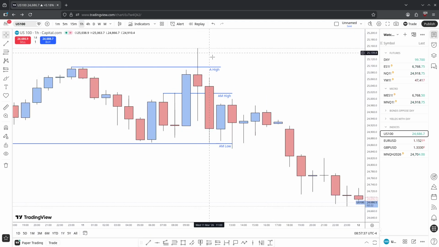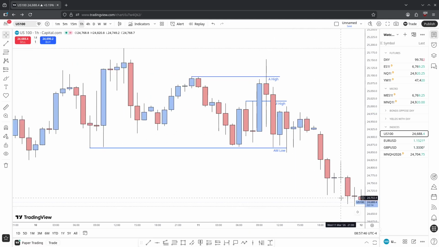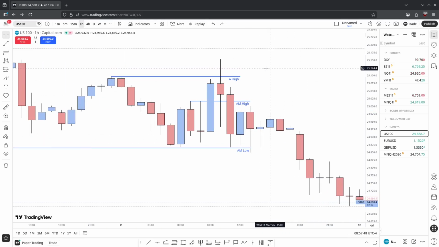You don't have to worry about the manipulation. You're not going to take a trade here and get caught up in the Judas swing, in the manipulation of the move before the real move even happens for the day. So this is what happens when you sit here and you wait for price to take the high, reject the high and close back down bearish.